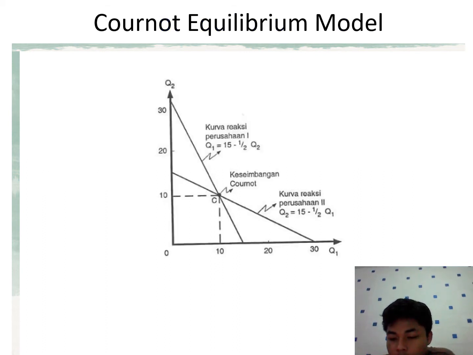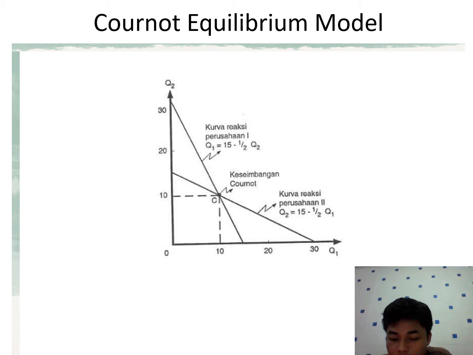So from this curve, we can conclude that the two duopolies will reach equilibrium if the reactions are the same, Q1 equal to Q2. With simple mathematical solution, equilibrium will be reached when Q1 equal to Q2 equal to 10 unit.